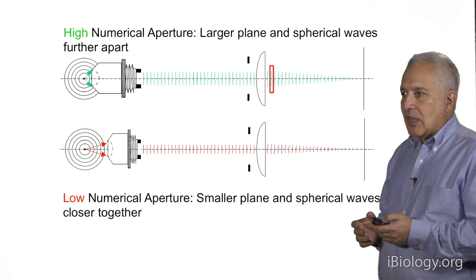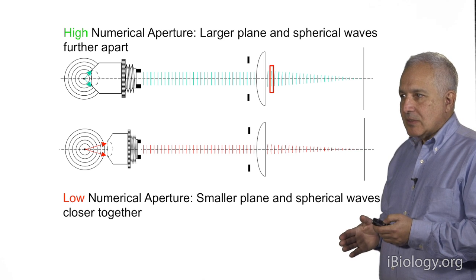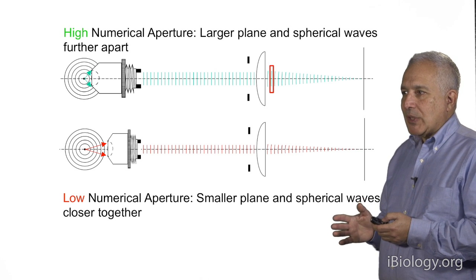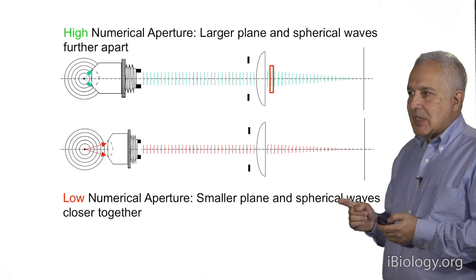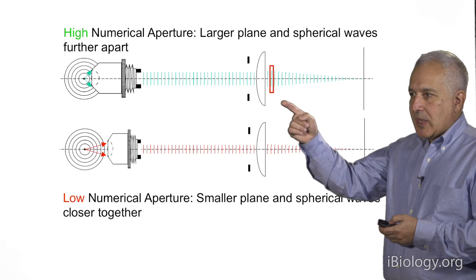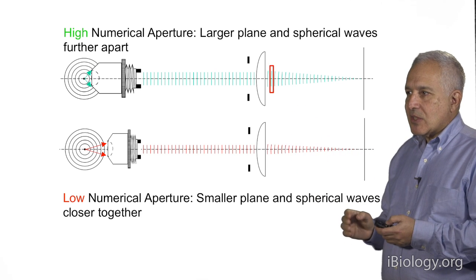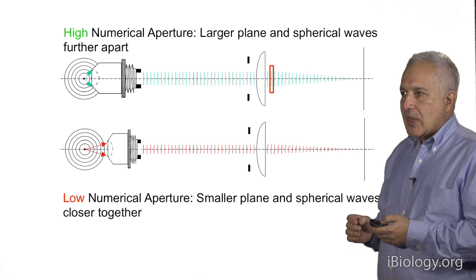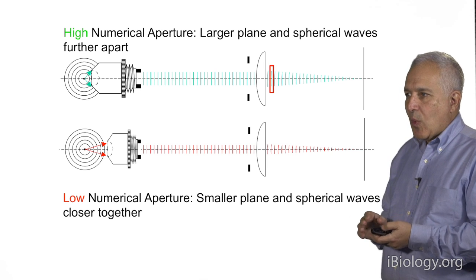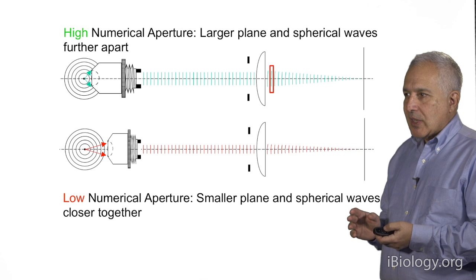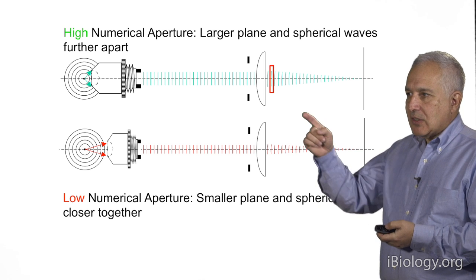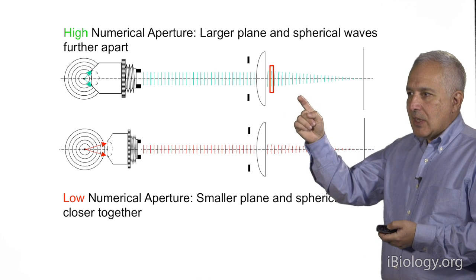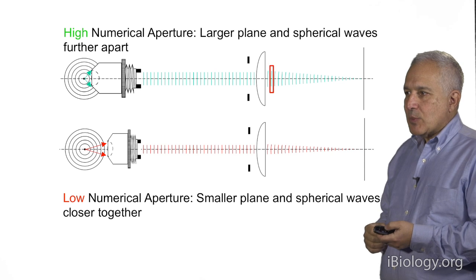So a larger amount of the light is collected, and that generates a bigger plane wave that eventually goes to the tube lens, and then from the tube lens it's converted into a converging spherical wave. So with a high numerical aperture lens you have more of the spherical wave collected, and so you generate a larger spherical wave going out towards the image plane.